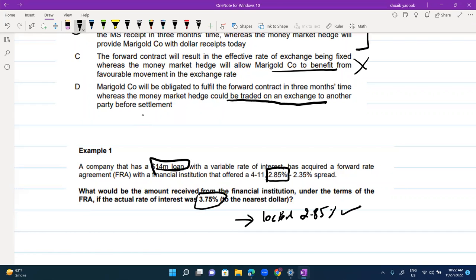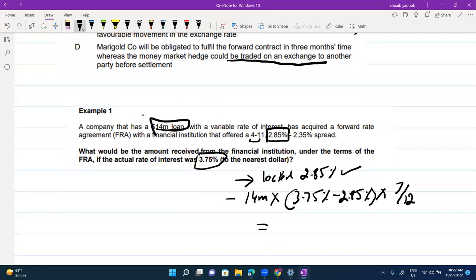Gain है. 14 million into 3.75 minus 2.85. Gain है आपका, इतना gain आ गया. कितने months का gain है? कितने अर्से का लोन है? देखो, 4/11 का मतलब 7 months. कैलकुलेट करें प्लीज, अमाउंट ऑफ गेन कैलकुलेट करें प्लीज, कैलकुलेट द गेन.